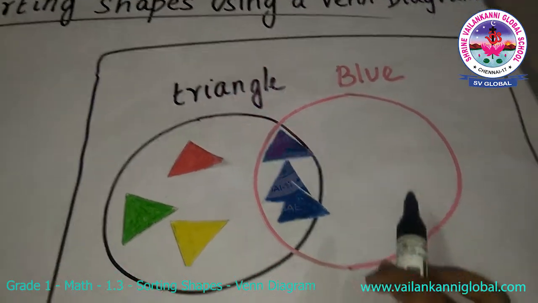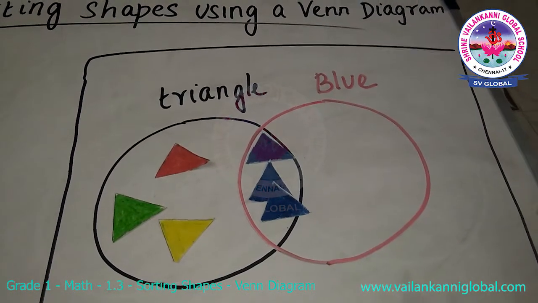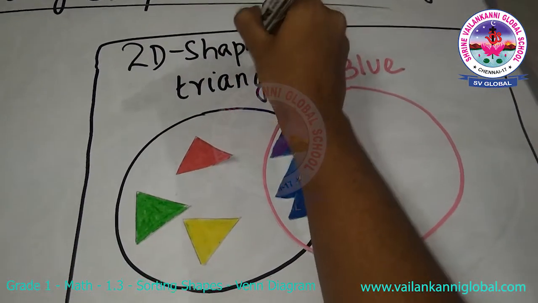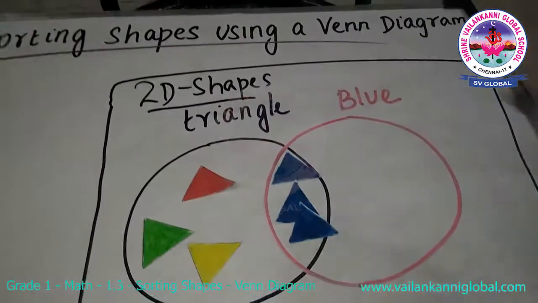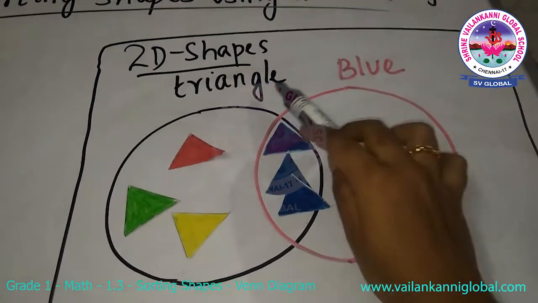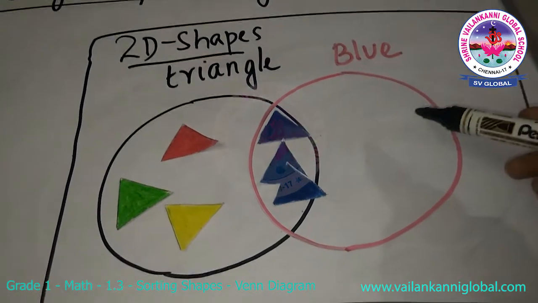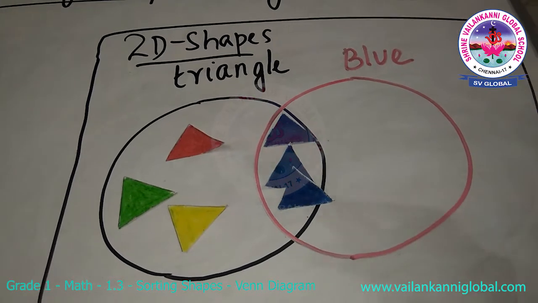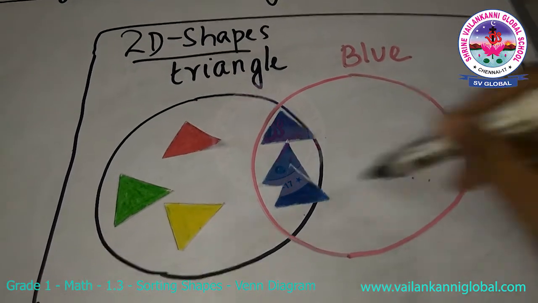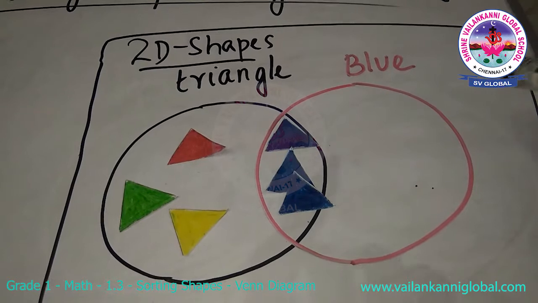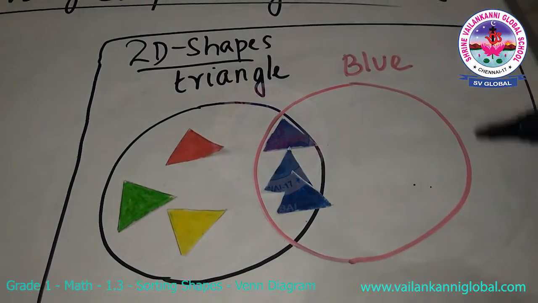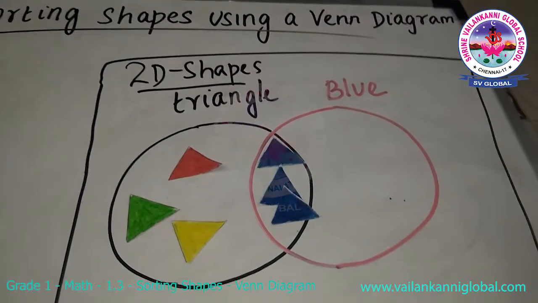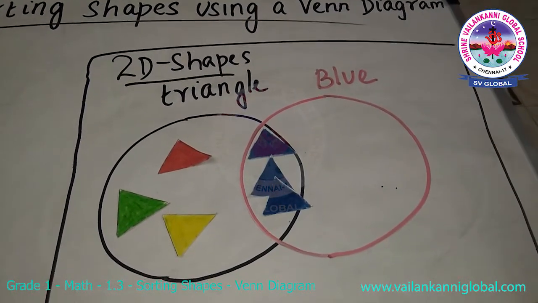In this example we have sorted 2D shapes, so you will have 2D shapes as the box. Because if I say triangle and if I say blue, anything blue can go into this circle, but we need only the 2D shapes which are blue in color to go into the circle. So we have a common box which represents 2D shapes.